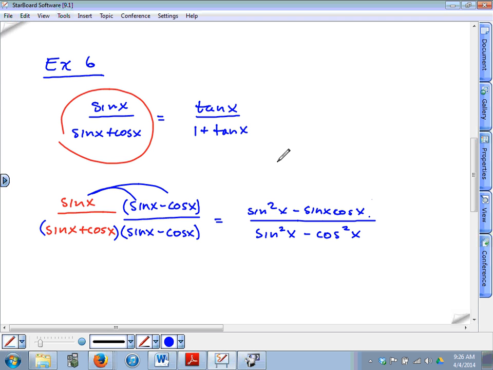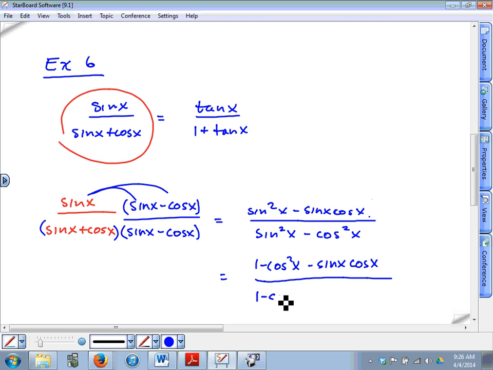Change sine squared of x to 1 minus cosine squared of x. Which sine squared? Both. So sine squared is 1 minus cosine squared of x minus sine of x cosine of x.